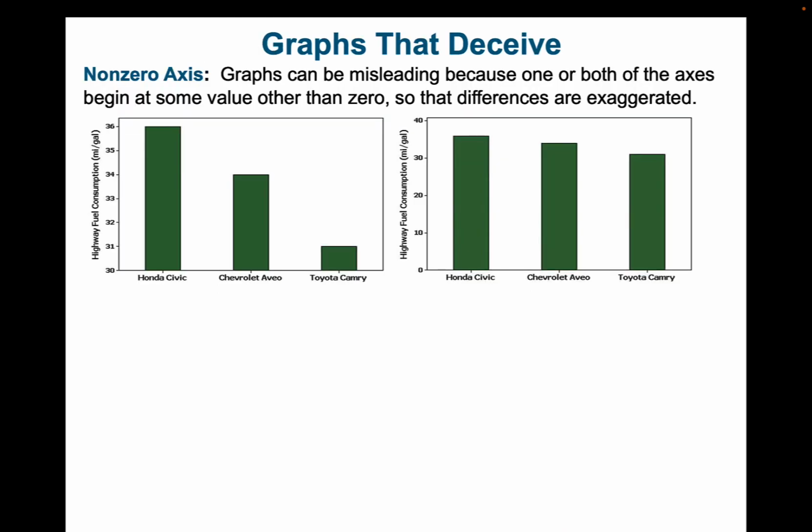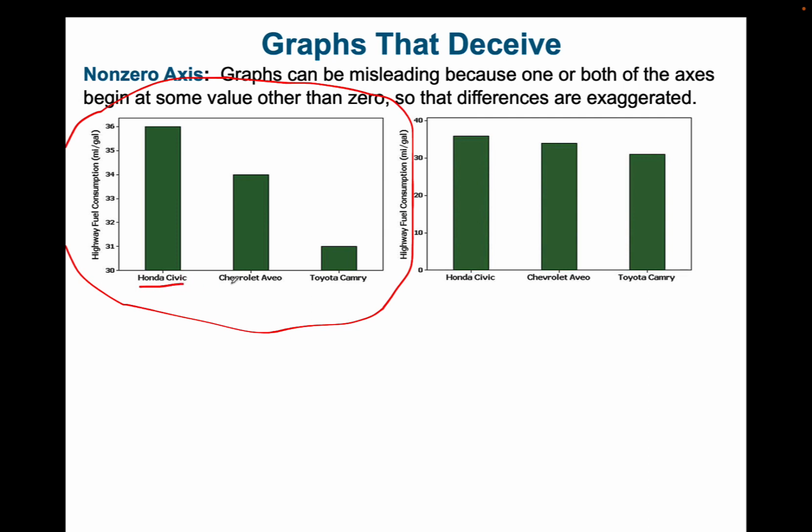Graphs that deceive, a non-zero axis. Graphs can be misleading because one or both of the axes begin at some value other than 0, so the differences are exaggerated. All right, if you were to go on social media and you were looking to buy a car and you saw this graph right here, and you're comparing, okay, I need a car with good miles per gallon because gas is expensive, or that's important to you.